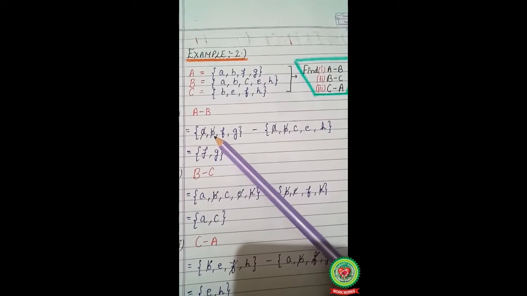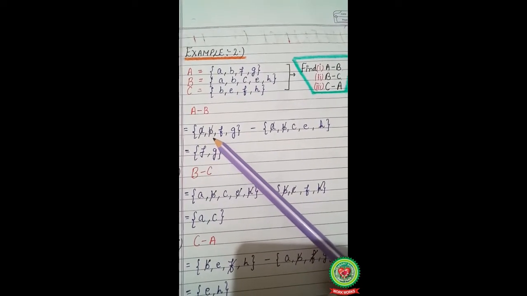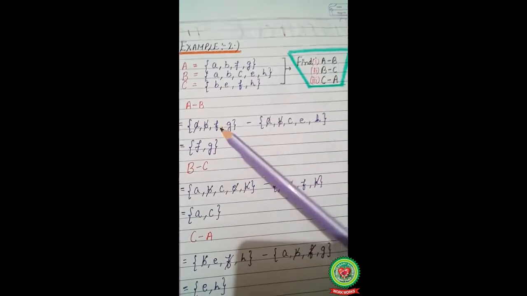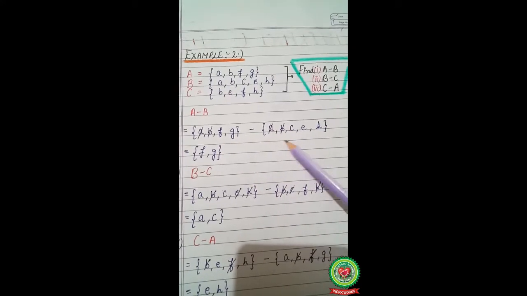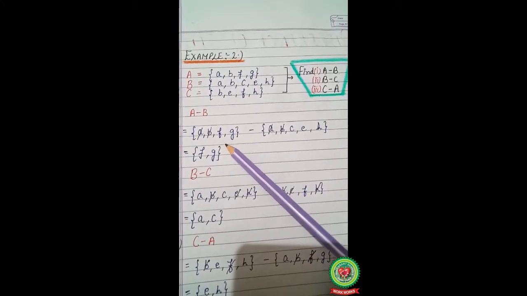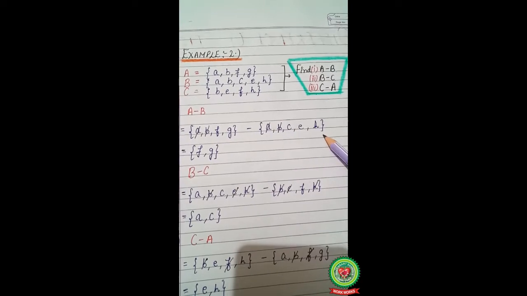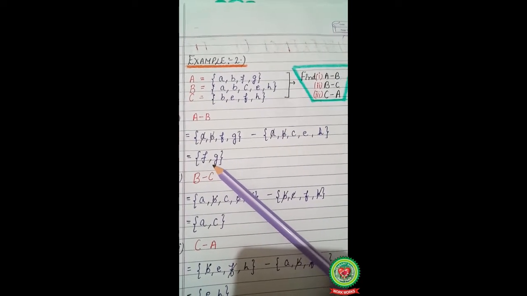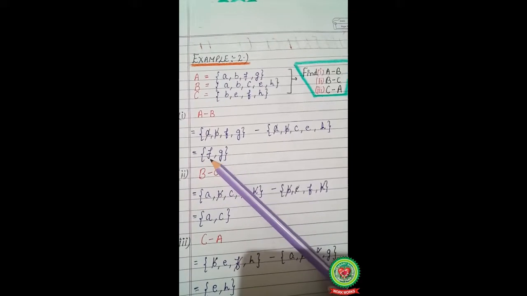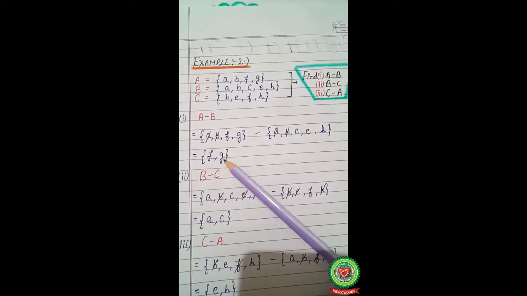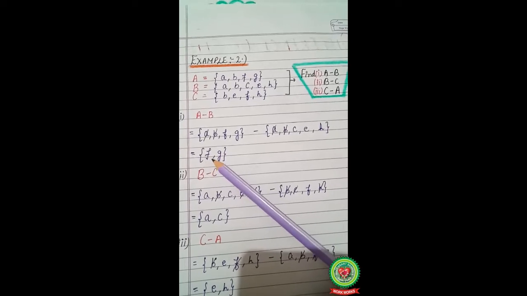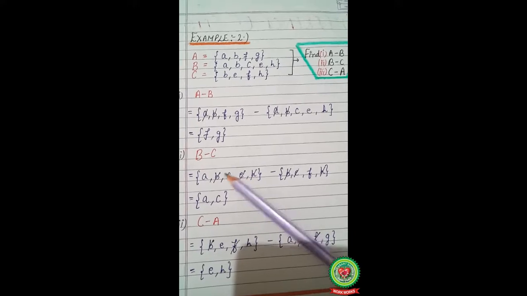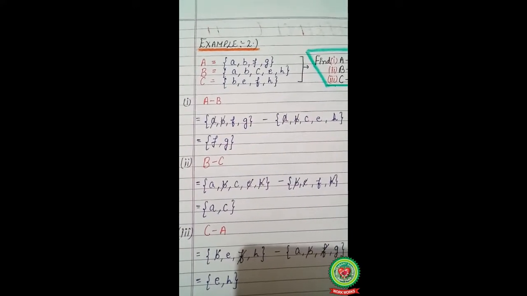Next is B. B is in the A set as well as in the B set, so you will cut them again. Next, F is in the A set but not in the B set. Again, G is in the A set but not in the B set. So you are left with F and G only, right? You will write them in curly brackets along with commas, like {F, G}. So this is your difference of 2 sets, that is A minus B, right?